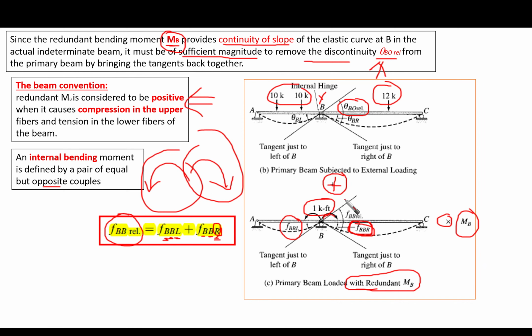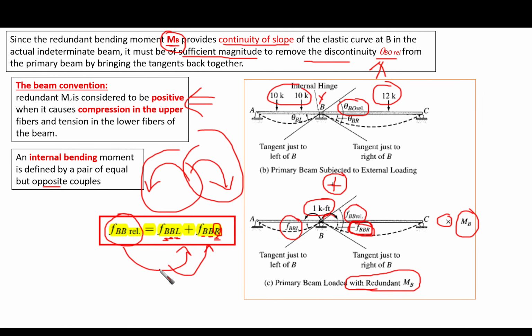If you look here, this is the tangent before, this is the tangent after, this is on the left, this is on the right. Both of them are added together to give us FBB relative.